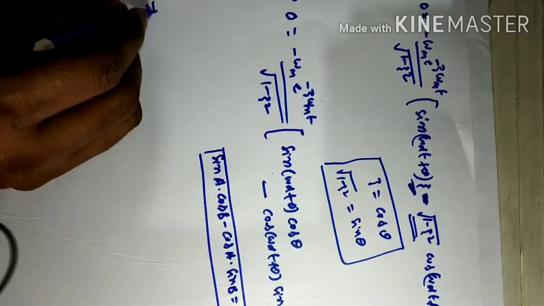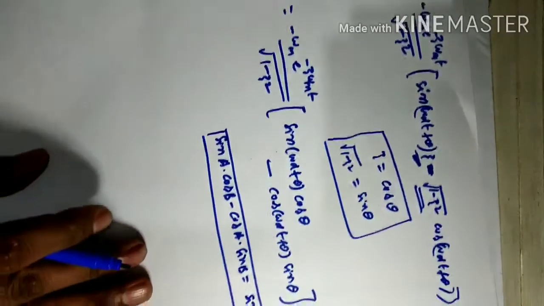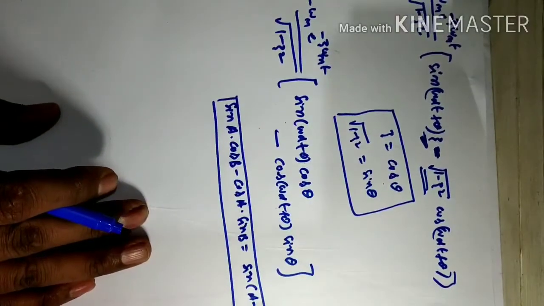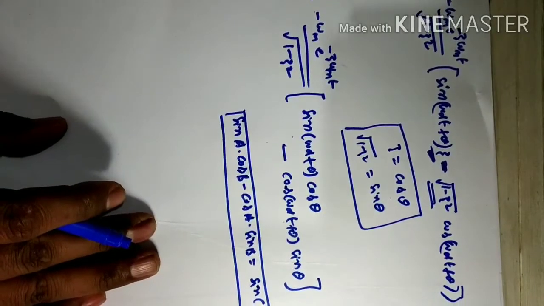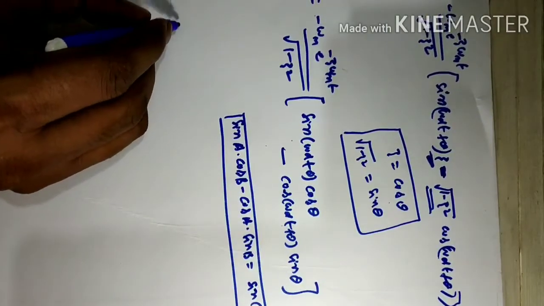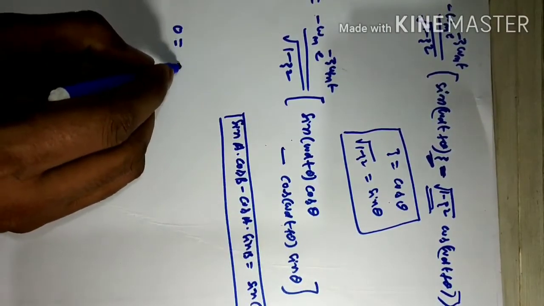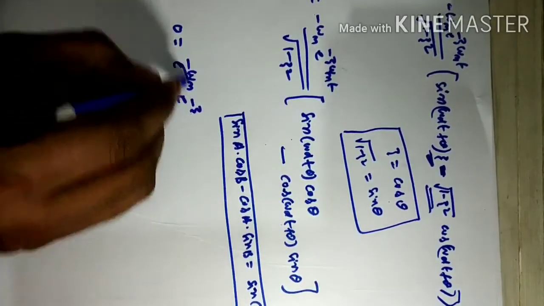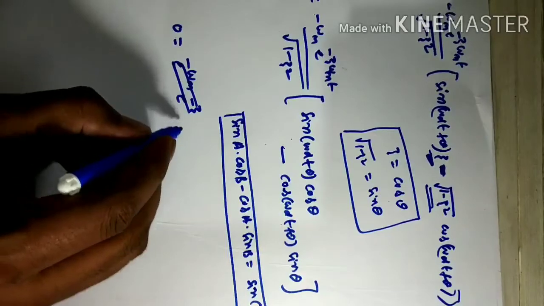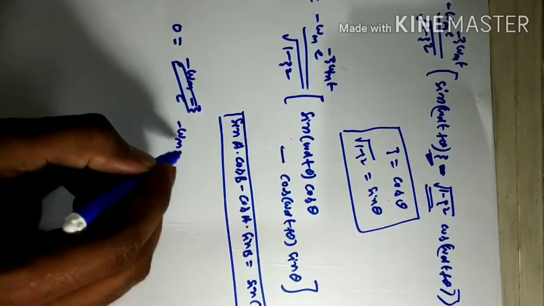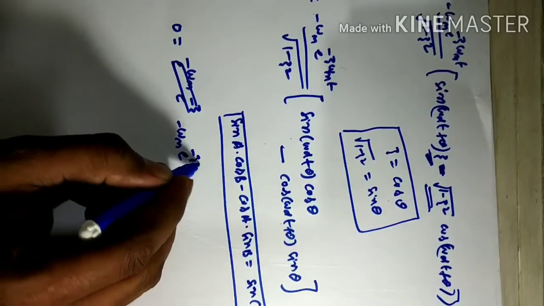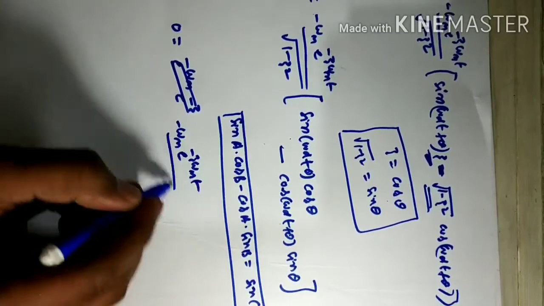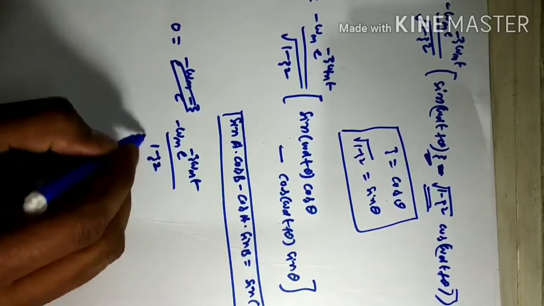When you apply this formula, so what you get? 0 into minus omega n e raised to minus zeta omega n t by root 1 minus zeta square.